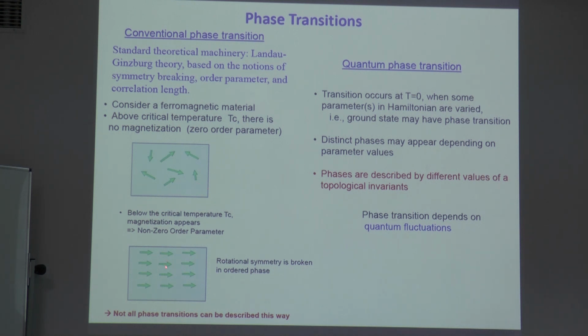But below the critical temperature, rotational symmetry is broken, and there's a non-zero order parameter that develops, the magnetization. But not all phase transitions, now people realize, can be described in this way. In fact, a quantum phase transition occurs at t equals 0 when some parameters in the Hamiltonian are varied, like I've showed. And distinct phases may appear depending on the parameter values. And the phases are described by different values of a topological invariant. Right? This is a conventional picture now.